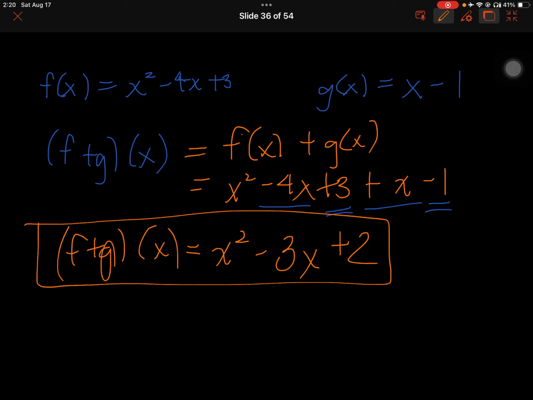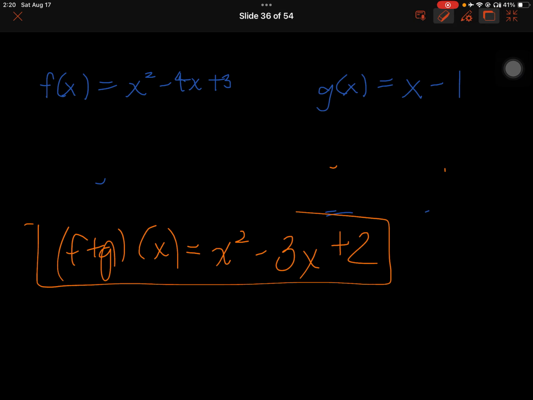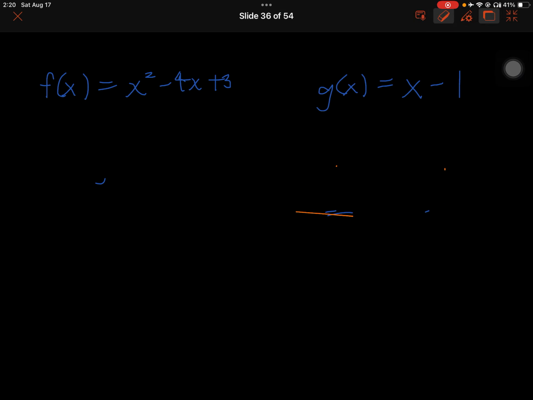Okay, understood? So next we're going to find the subtraction, but this time let's find the g minus f of x. Last time we tried to solve f minus g of x, but this time let's try to solve g minus f of x.